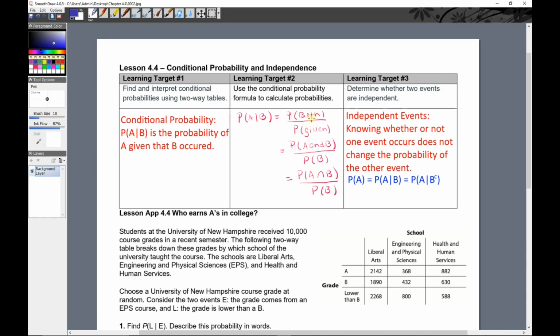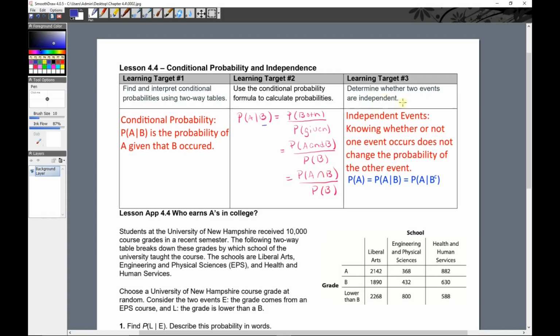So the probability of both is the probability of A and B over the probability of the given, in which case that is the probability of B because this is the given. And then we write it a third way with the set notation with the intersection mark, which means the word and. So that's just a restatement of the formula above it, only using that symbol in place of the word and.